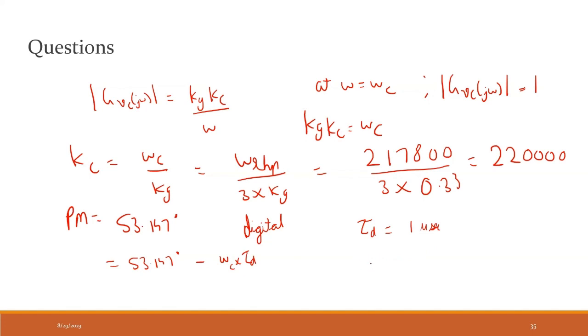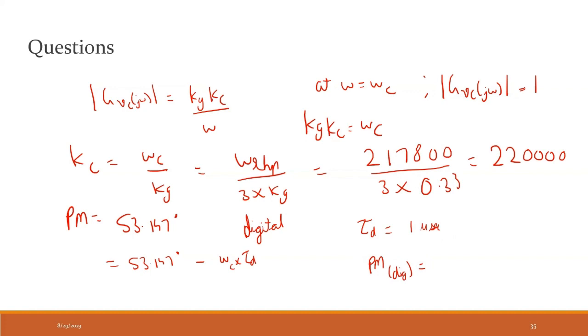Then what will be the new phase margin for the digital domain? Omega C into tau d is in radians.